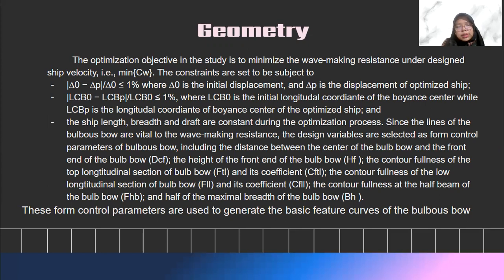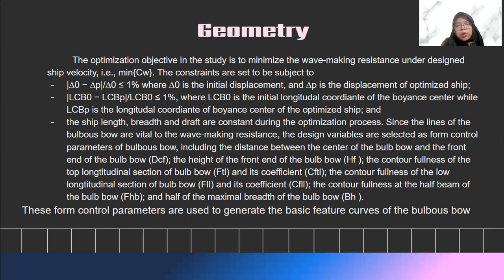The second one is the absolute value of LCB0 minus LCBP, divided by LCB0, is less than or equal to 1%, where LCB0 is the initial longitudinal coordinate of the buoyant center, while LCBP is the longitudinal coordinate of the buoyant center of the optimized ship. And then the ship length, breadth, and draft are constant during the optimization process.